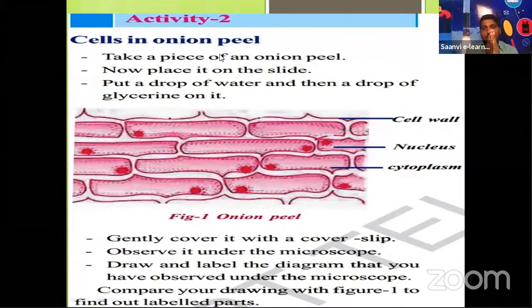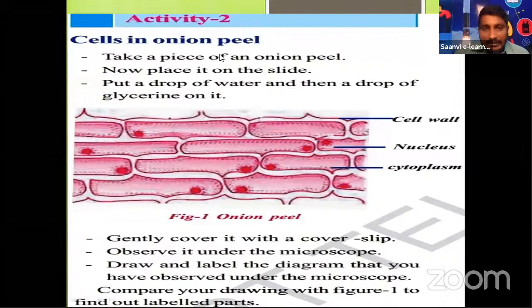Take out that particular membrane, cut a small piece from it. That piece is the onion peel. In that way, we have to collect the sample.